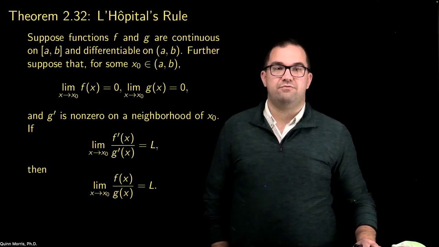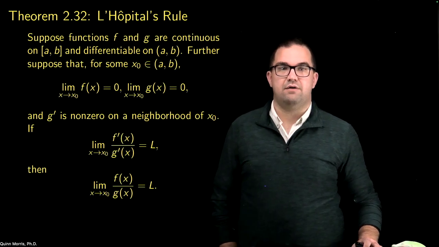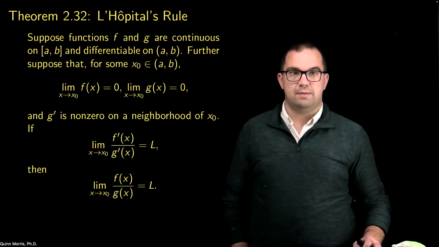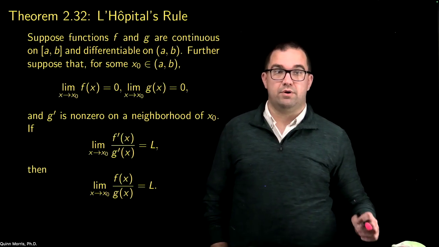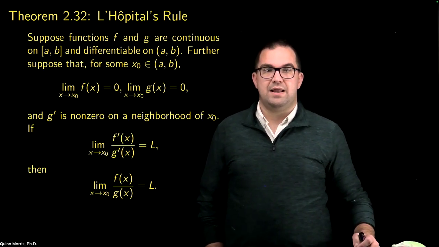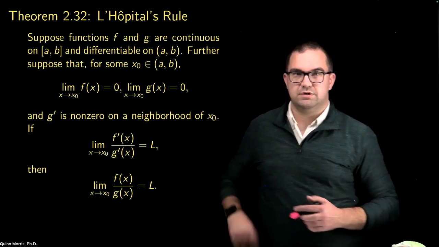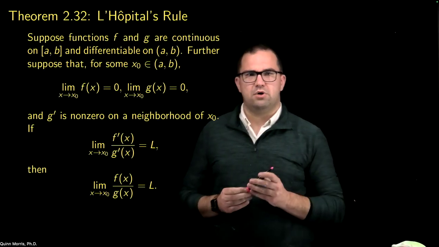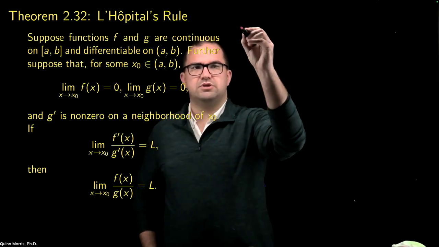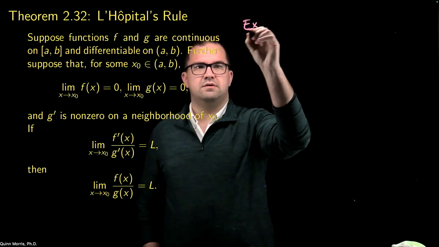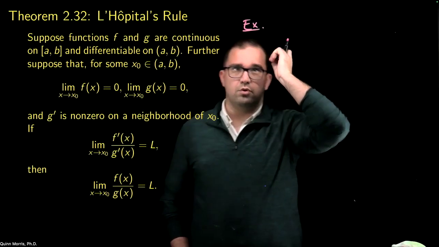Then, if the limit as x approaches x naught of f prime of x over g prime of x is equal to some finite real number L, then the limit as x approaches x naught of f of x over g of x is equal to the same value L. So let's remind ourselves just, how do we use this in, say, a Calc 1 course?